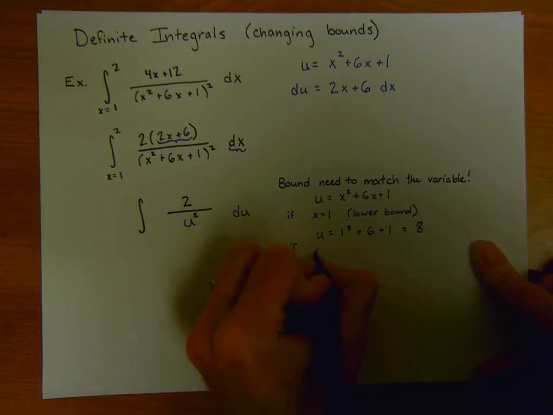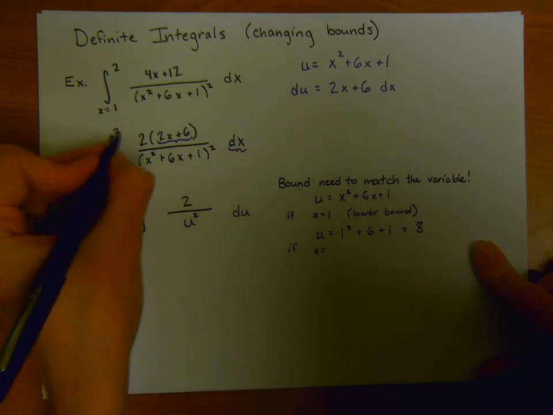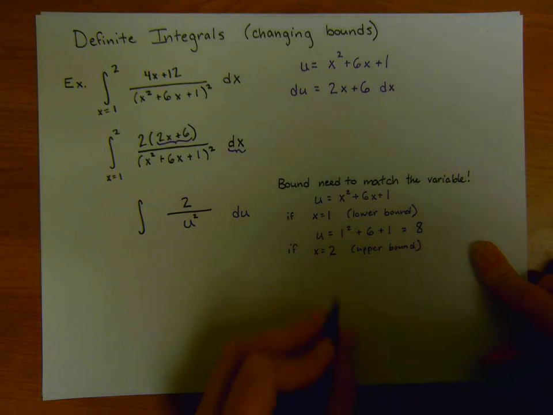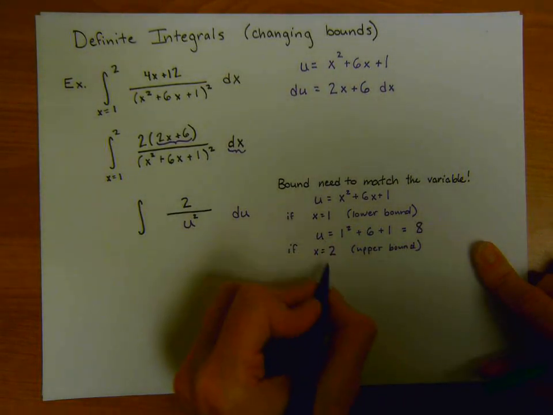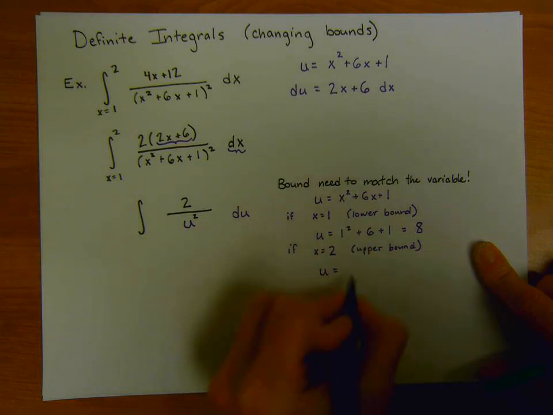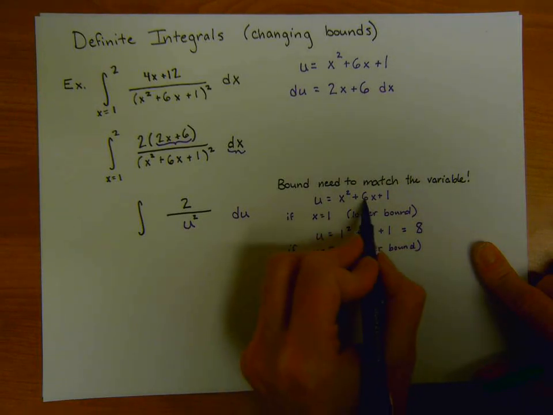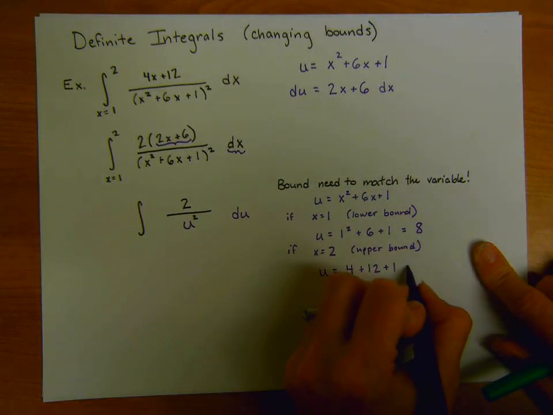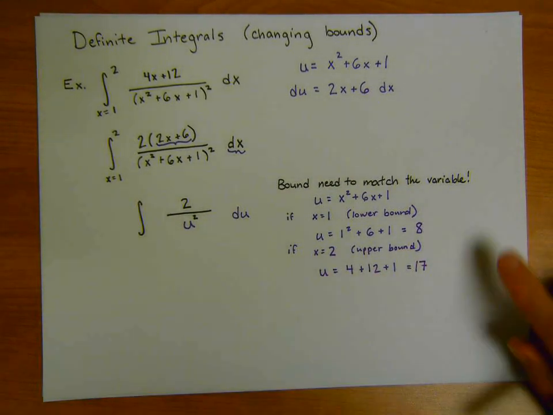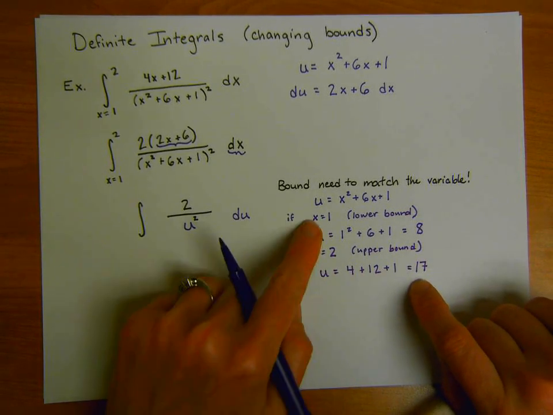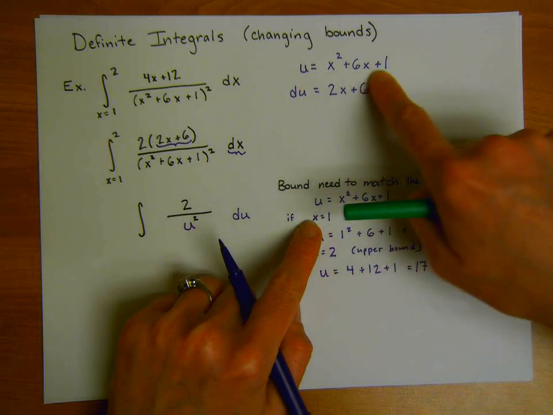And if x equals 2, which is the upper bound, we see that u will equal 2 squared, which is 4, plus 6 times 2, which is 12, plus 1, which is 17, right?